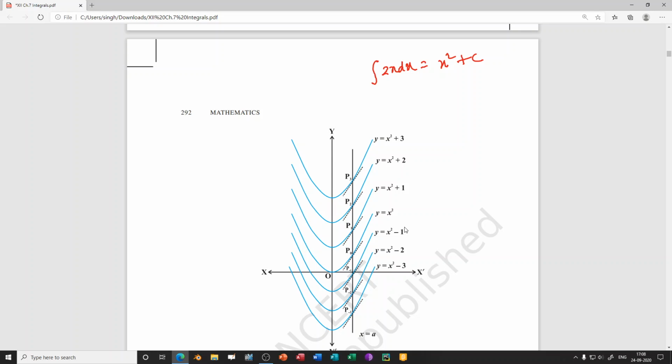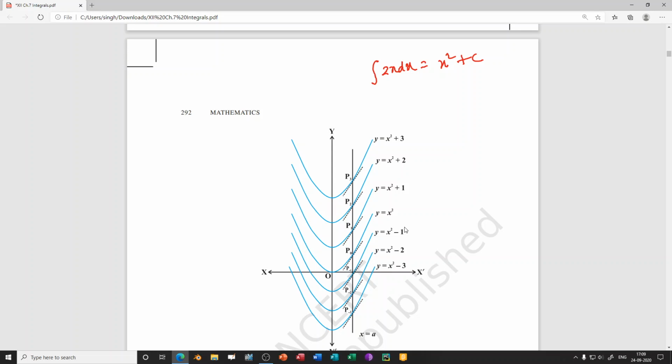So what that remark says is that if we draw a line perpendicular to the x-axis, that is the axis of the variable, wherever that perpendicular line cuts the family of curves, here you can see P minus 3, P minus 2, P minus 1, P0, P1, P2, P3.